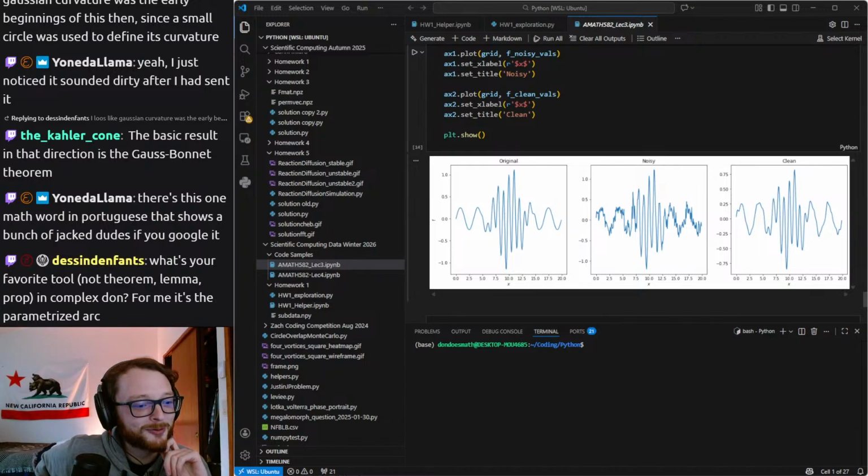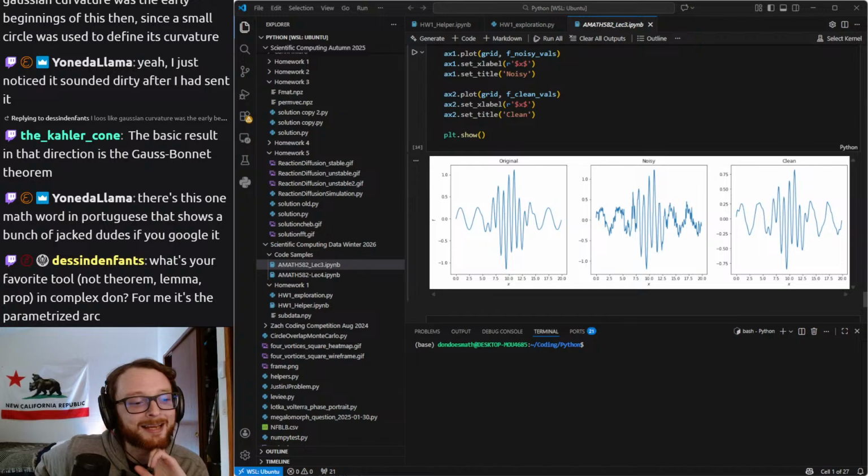What's your favorite tool? Not theorem, lemma, prop, and complex. Ooh. For you, it's the parameterized arc. Favorite tool? Not theorem, lemma, or prop. I mean... Does, like, Fourier transform count?